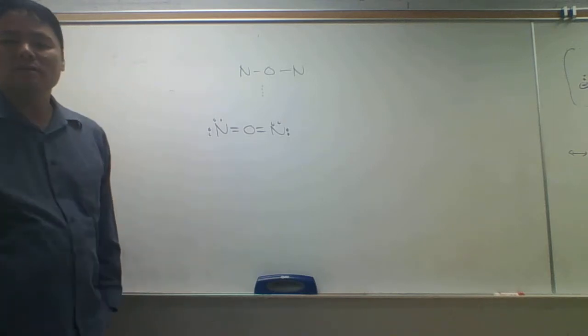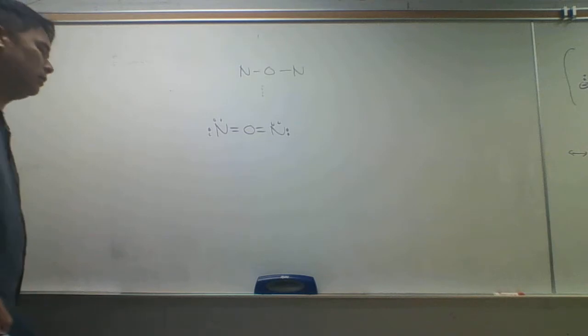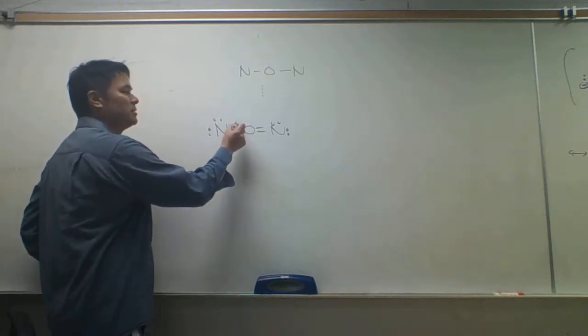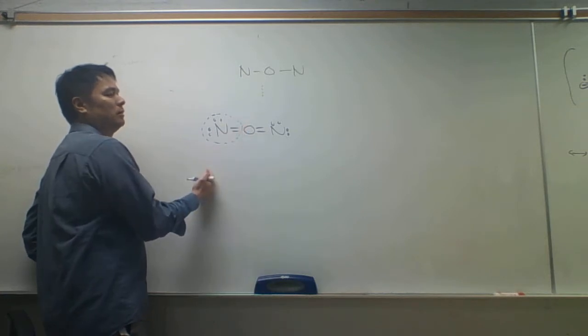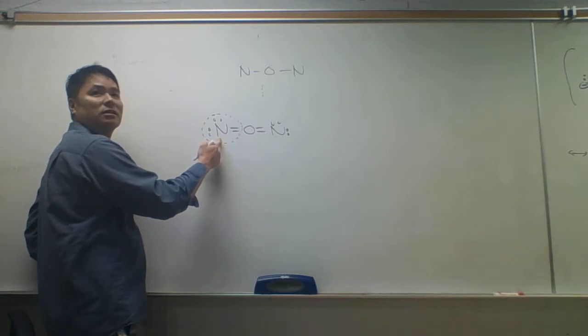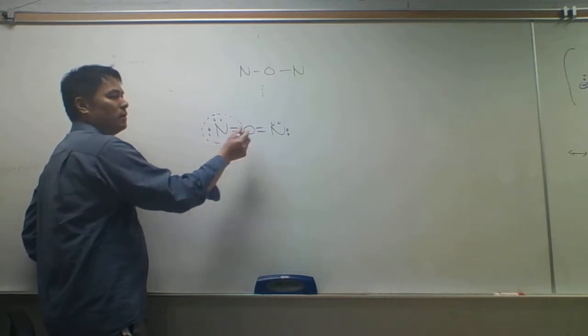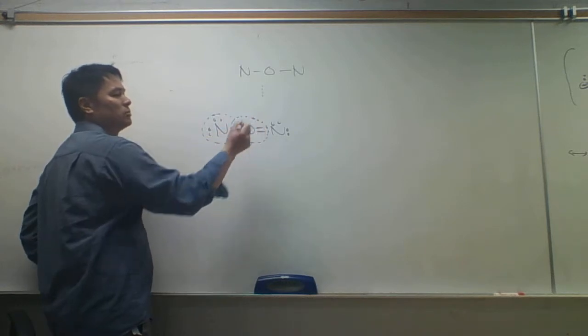And so this gives us an octet. You guys remember counting the octet? We always have to remind ourselves, does this have an octet? When we look for an octet, we look at the total number of electrons surrounding it. Visually, this is what I look for. Do we have an octet on this nitrogen? Yes. Do we have an octet on the oxygen? Now we have to double count because we're looking at just the total surrounding.